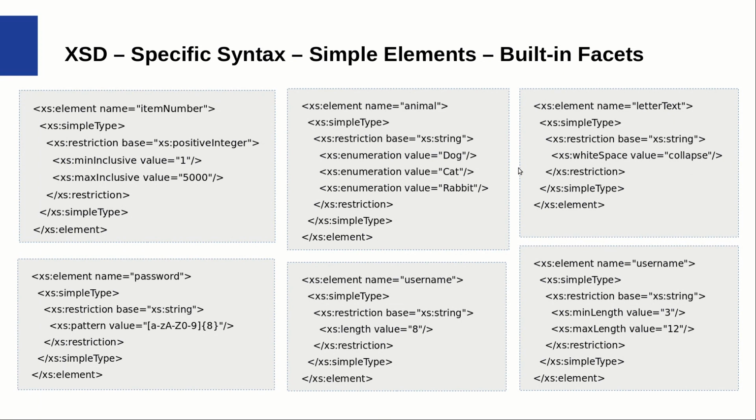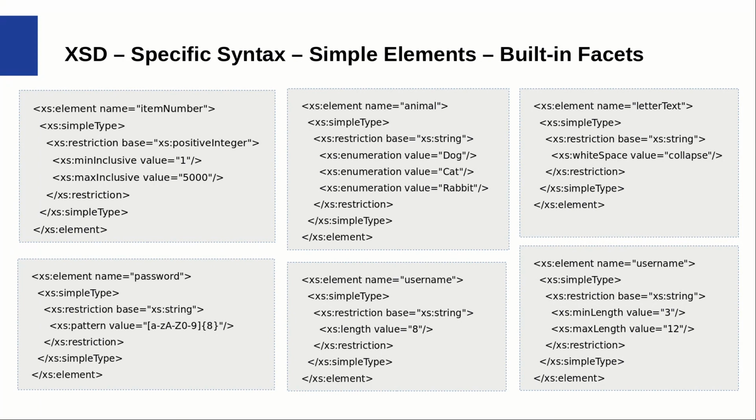Here, a third example of facets. We have a letter text element with an extended simple type being declared nested to the element, in a restriction of base string, and we use the facet whiteSpace with the value collapse.